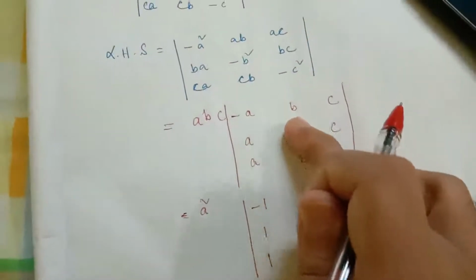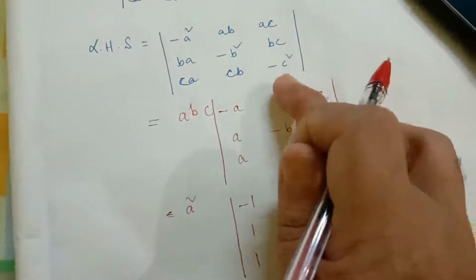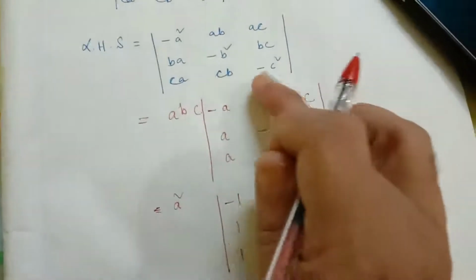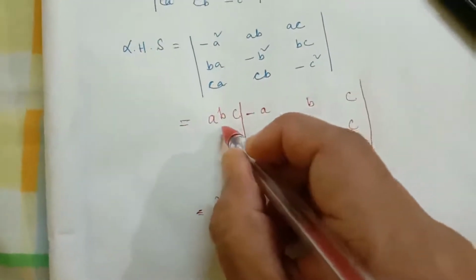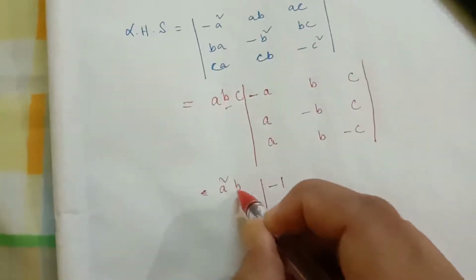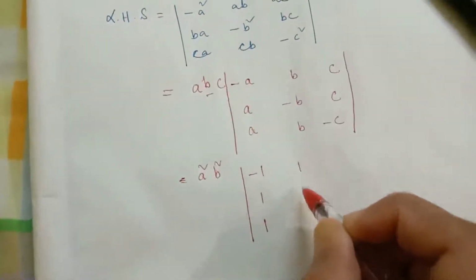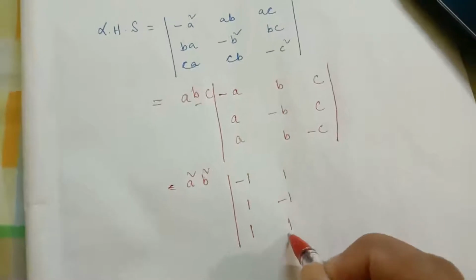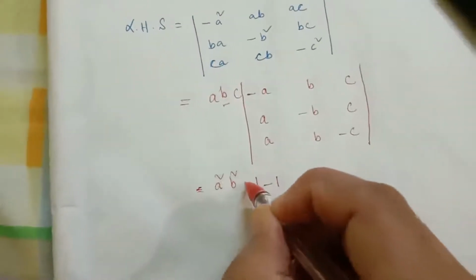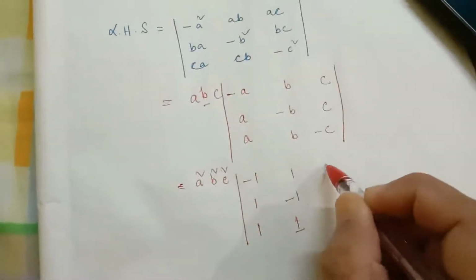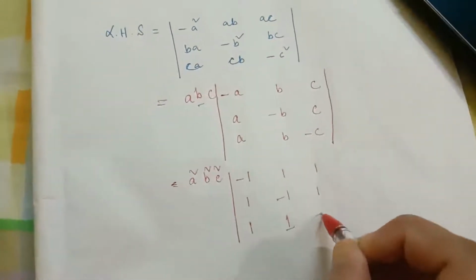Similarly, taking b common in the second column, b into b will be b square, and this will become 1, minus 1, plus 1. And taking c common from the third column, it will become c square, and 1, 1, minus 1.